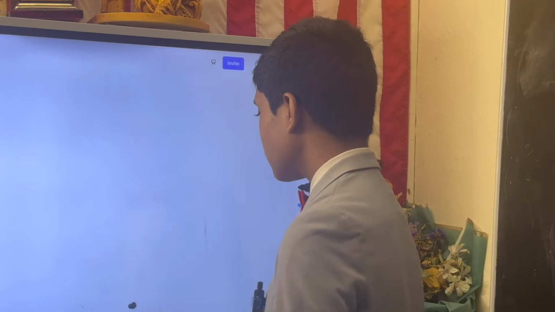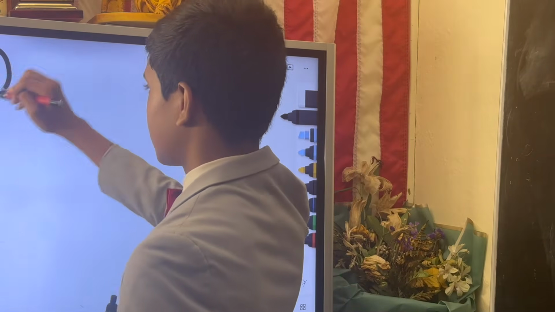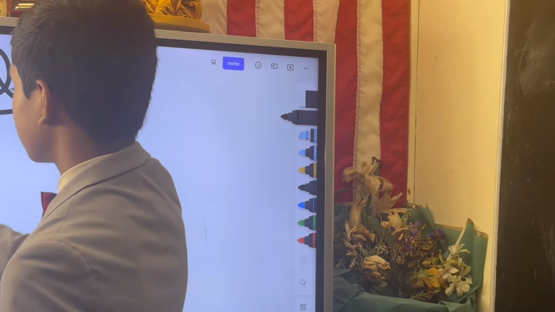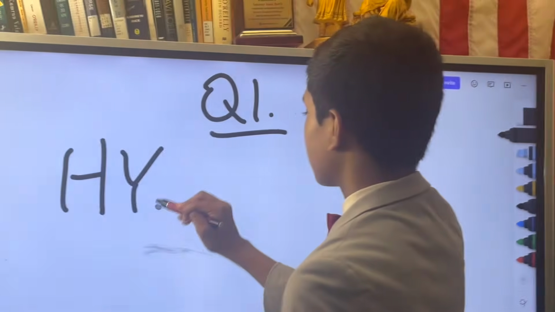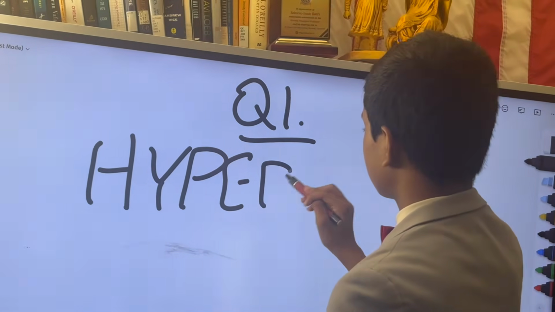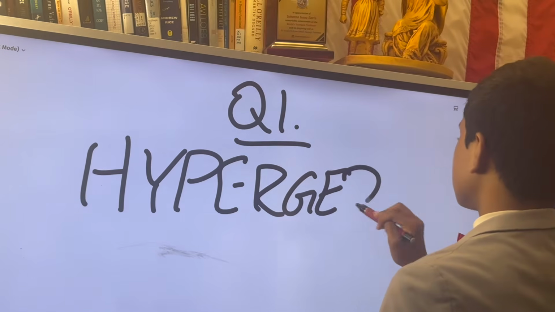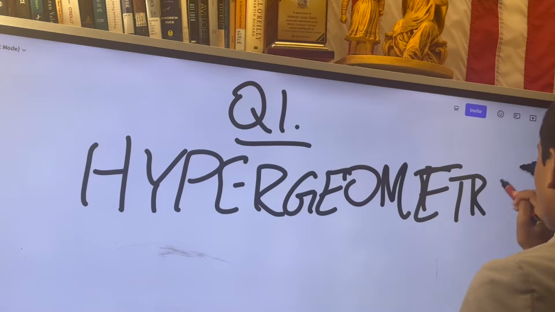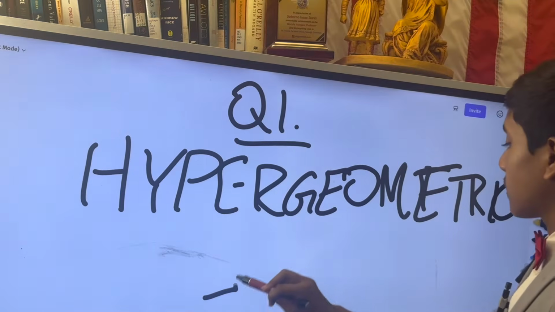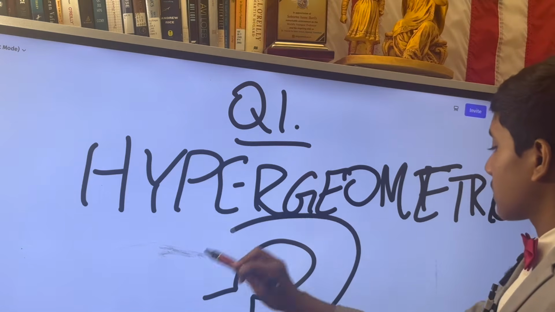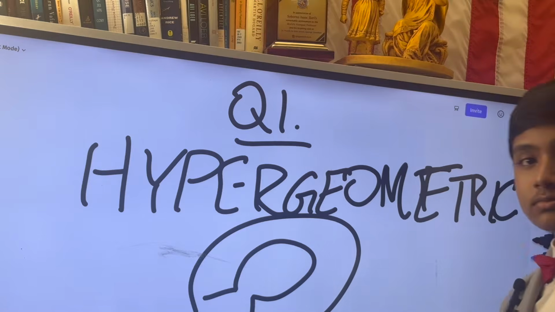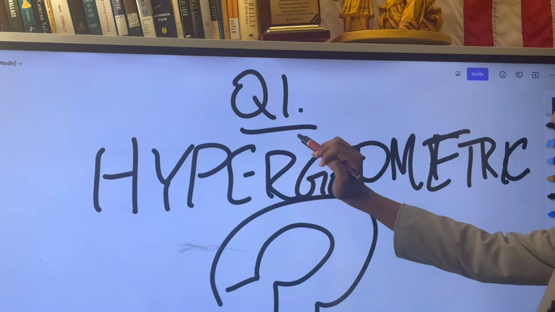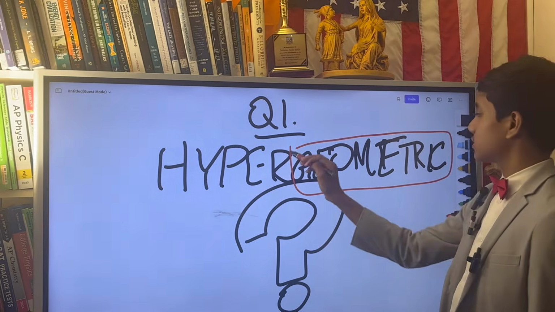So first of all, question 1. What is a hypergeometric function? Well, as you can guess from the name, it has something to do with geometric series.